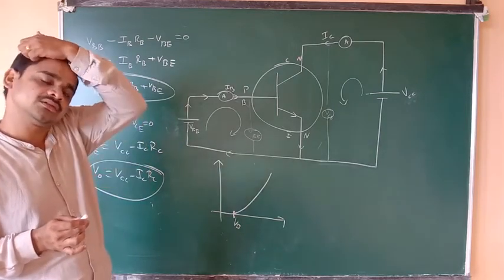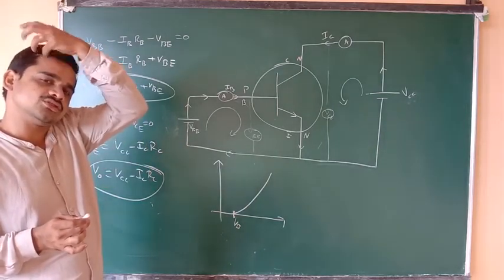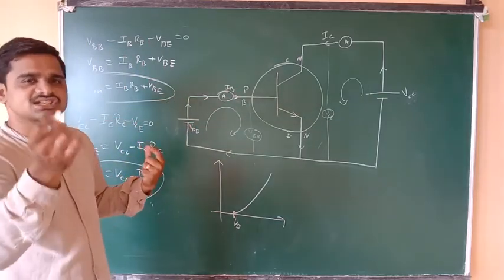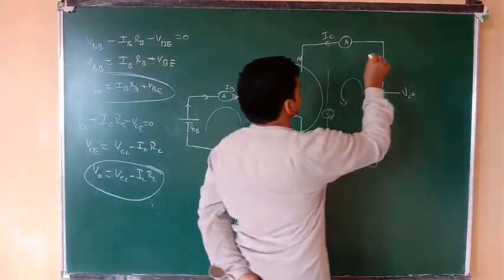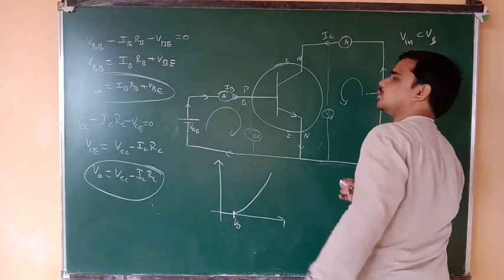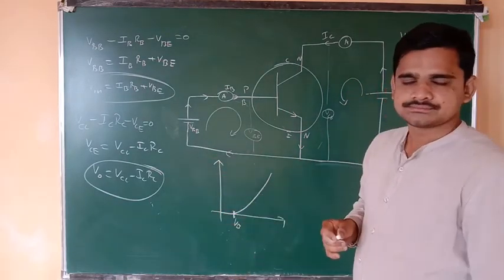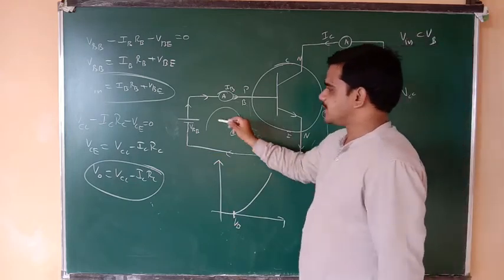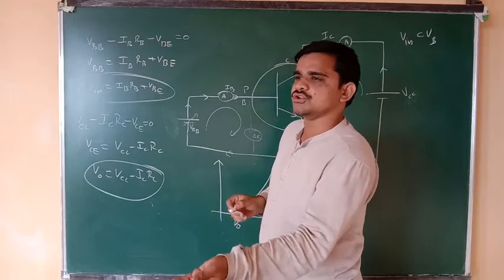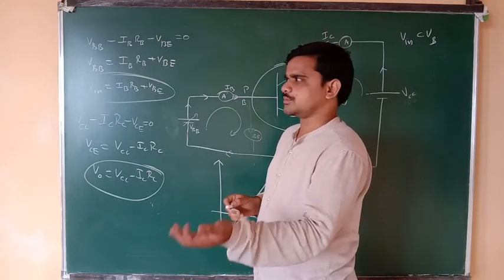Understood here? So, let's consider the input V in is less than the barrier potential. This is the variable voltage, let's consider, gradually from 0, 0.1, 0.2, 0.3 like this.